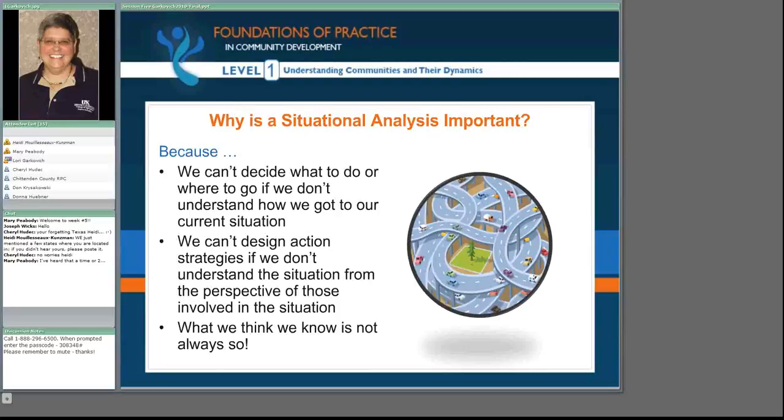But if we try to create change that way, basing our action strategies on something without grounding them in an understanding of the situation from the perspective of those who live in it every day in the community, I think we're setting ourselves up for failure. I think it was Mark Twain who said that what we think we know is not always so, and to me that's the simple reason why situational analysis is really important.